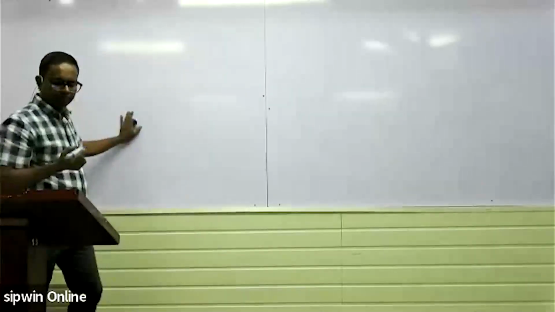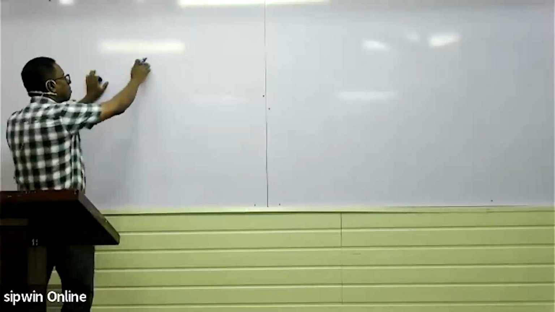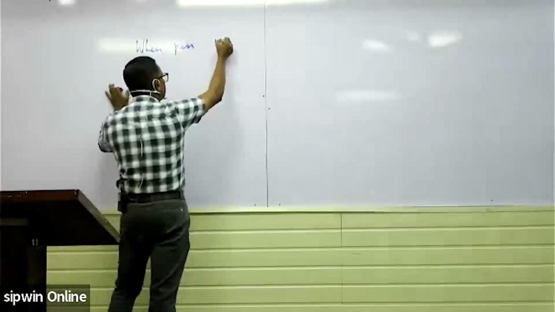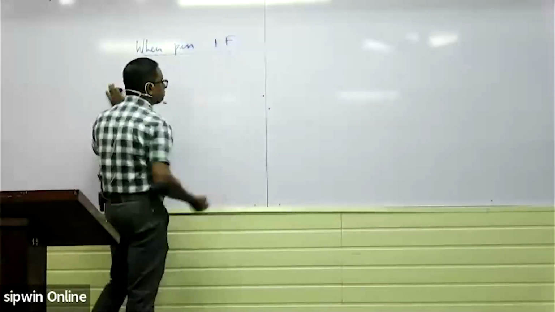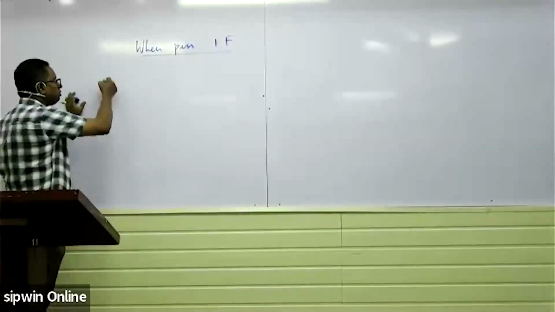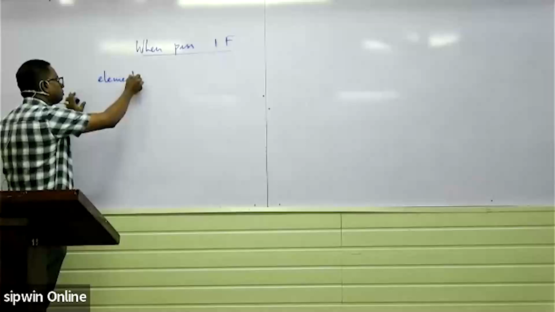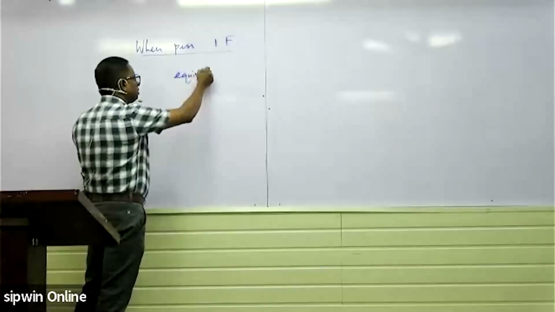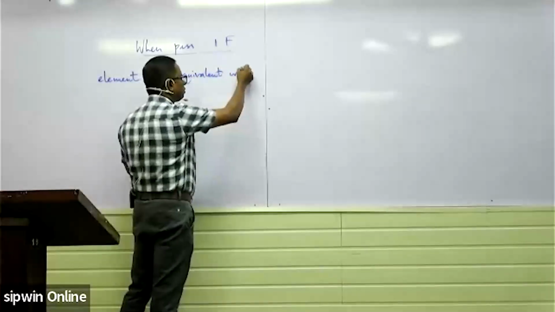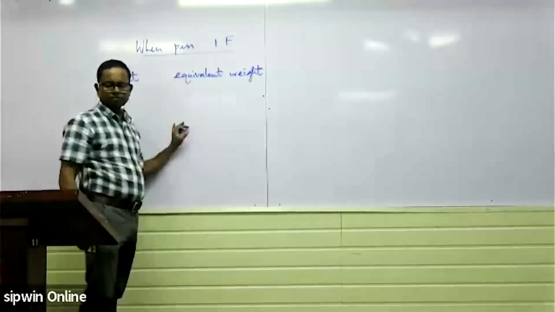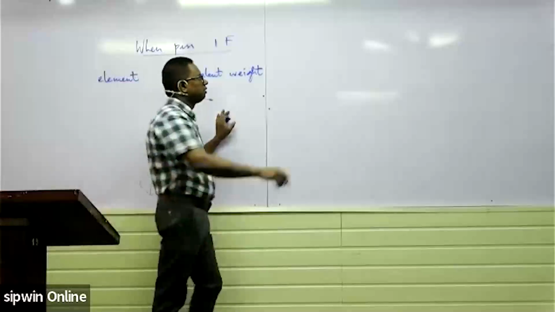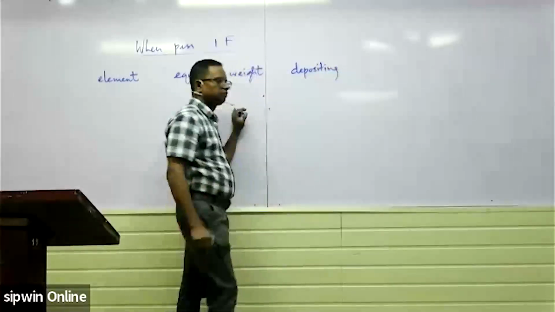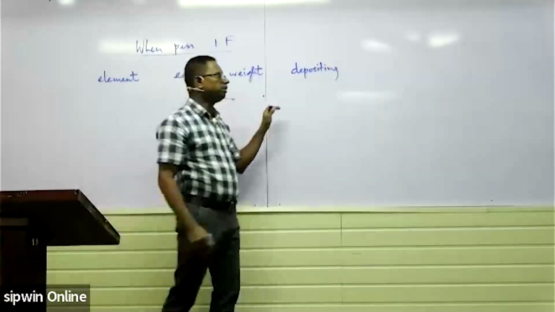Make a table like this. First write: when pass 1 Faraday. I am making it for that. Element, 4 columns: element, equivalent weight, depositing or discharging.